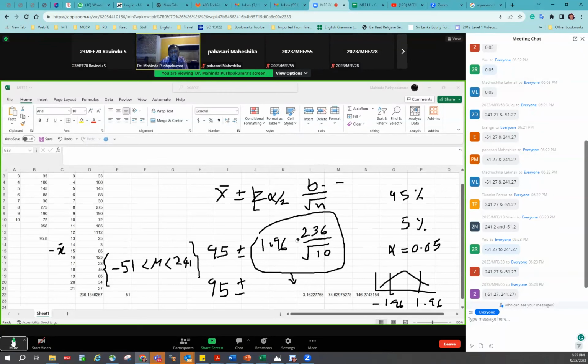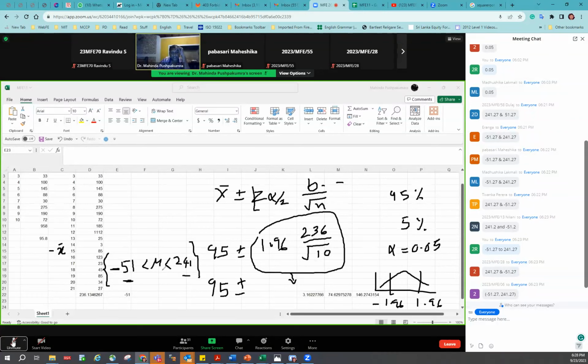Okay. Then now what is the issue here? If I say that I am 95% sure the population mean is between minus 51 and 241, the one fundamental issue is that our data is actually the number of messages you receive, so it won't be a minus value.